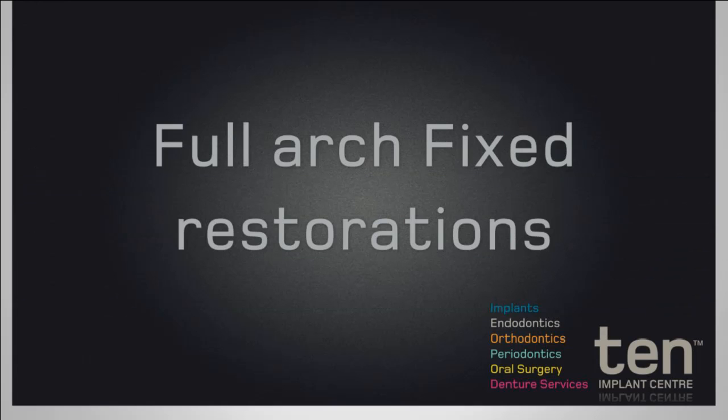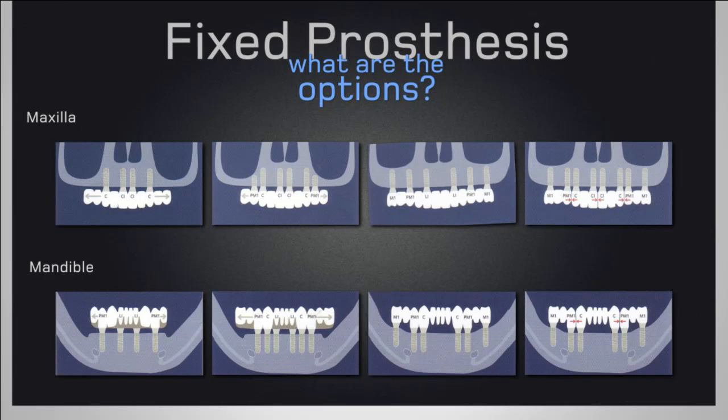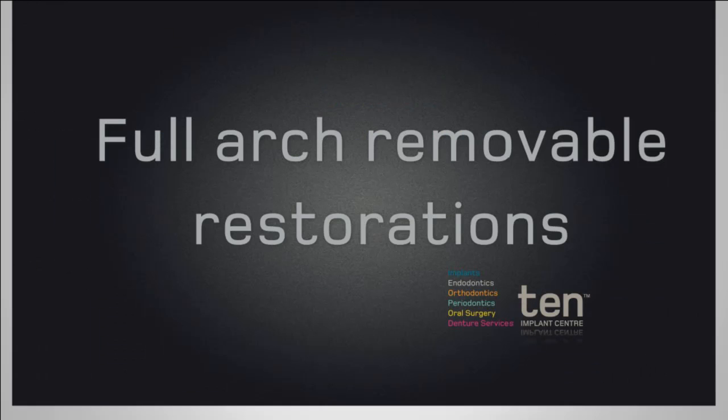If we have a look at fixed full arch restorations, for a fixed prosthesis on the maxilla, you can use 4, 6, or 8 implants. The advantage with 8 implants is the bridge can be split into 4 separate bridges. For the mandible, you can use 4 or 6 implants and achieve very good results, so your patients can function fine.